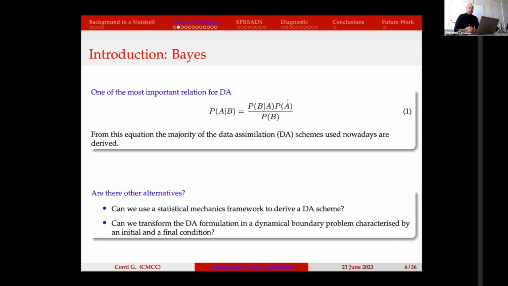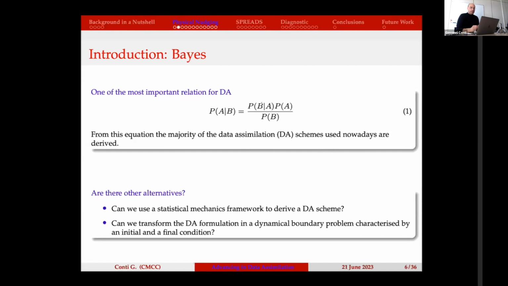Then we also have the particle filter, which assumes that we have an ensemble, and this ensemble is weighted by some weights that are derived from the likelihood function. So all the main schemes of data assimilation can be based on this theorem after some assumptions.